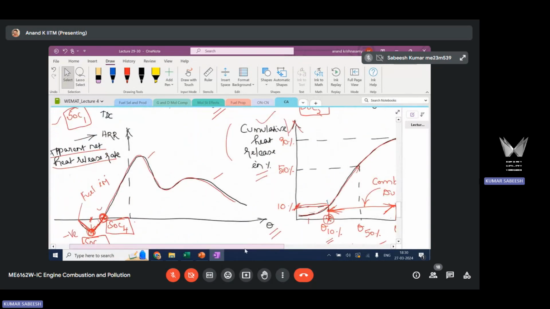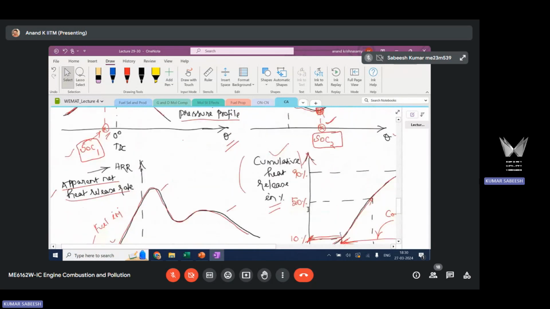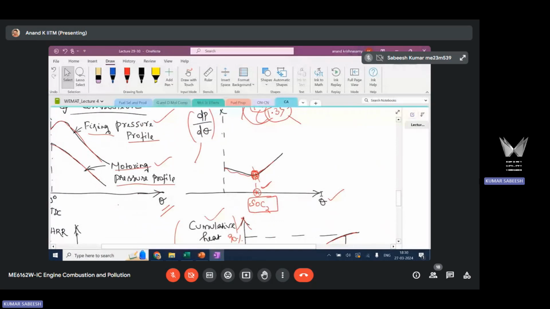So I think dP/dθ, when it is changing from negative to positive, that is the most accurate. Why do you think that this is more accurate? Because, as you have taught us in the previous class, the pressure can be measured very accurately using a crystal sensor, and the accuracy and sensitivity of the sensor is very high.